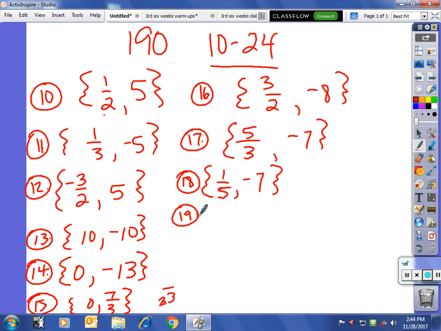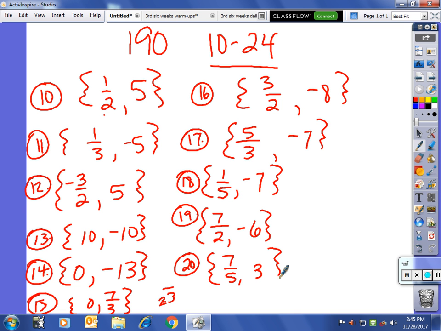Number 19 was 7/2. The other root was -6. Other versions of 7/2 include 3.5. Number 20 was 7/5 and +3 were the 2 roots. 7/5 could also be 1 2/5 or 1.4.